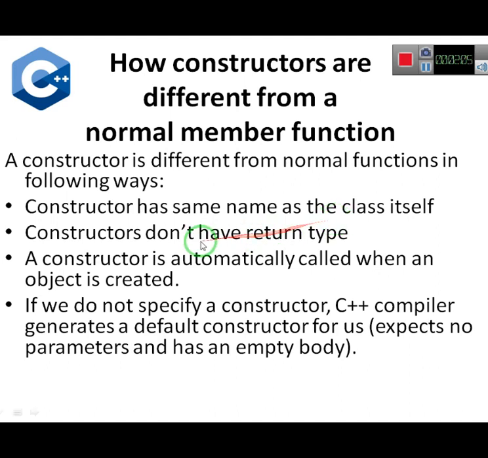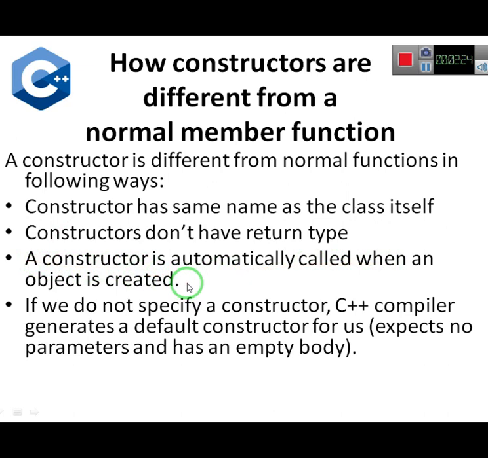Constructors don't have a return type, so you do not need to write void, int, float, or string before the constructor name, which is the same as the class name. Clear? The third point is that a constructor is automatically called when an object is created.